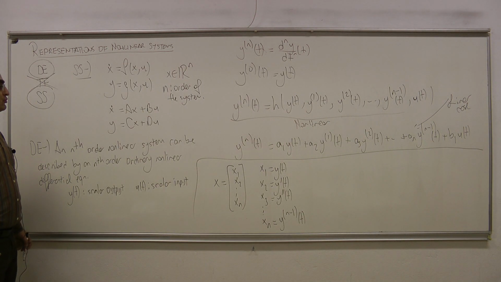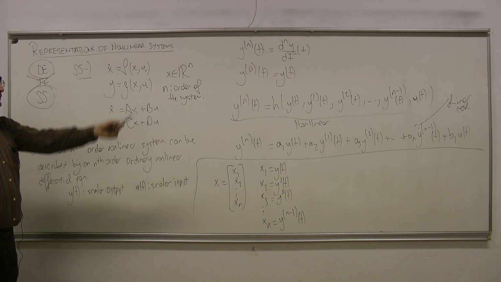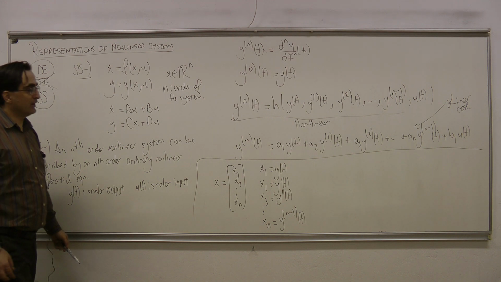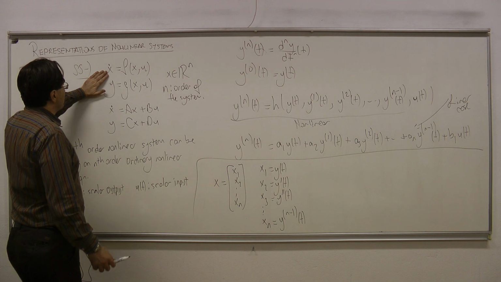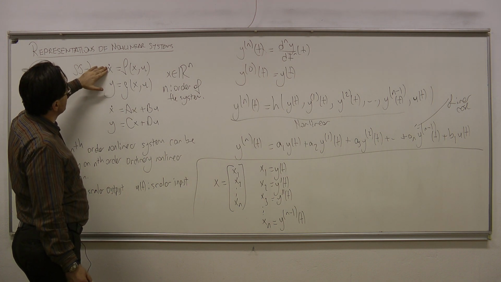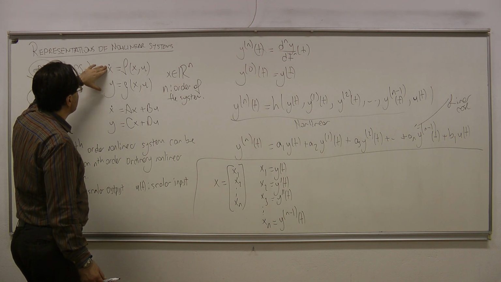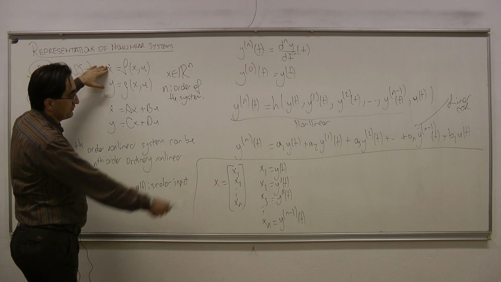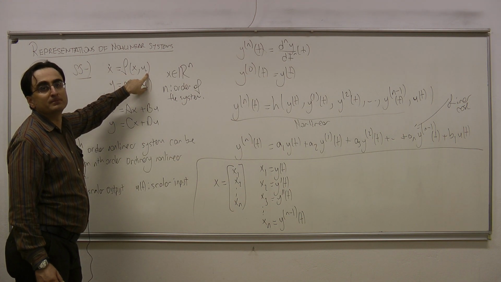Now I have to obtain this type of state space representation for this system. Okay? So what does a state space representation have? It has first a state equation, and in this state equation I need to express the first order derivatives of the state variables in terms of the state variables and the input. Okay?